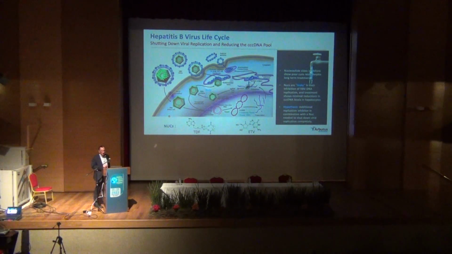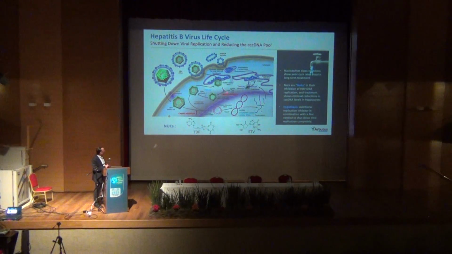So the question is, what can you do to further augment the ability to inhibit the virus replication process? And that now looks at capsid inhibitors. Capsids are this core protein that exists around the pgRNA and relaxed circular DNA.